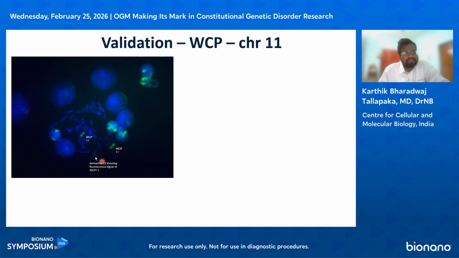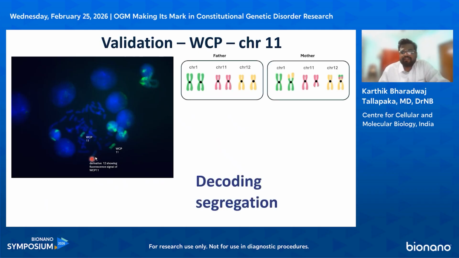And there you can identify a part of chromosome 11 being inserted in chromosome 12. So the hypothesis was that the mother is a carrier of this complex translocation, where you have chromosome material from chromosome 12 getting translocated to chromosome 1, 11 to chromosome 12, and also 1 to chromosome 12.